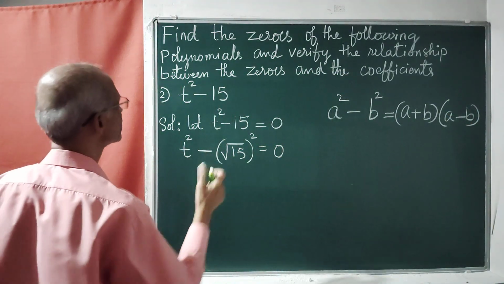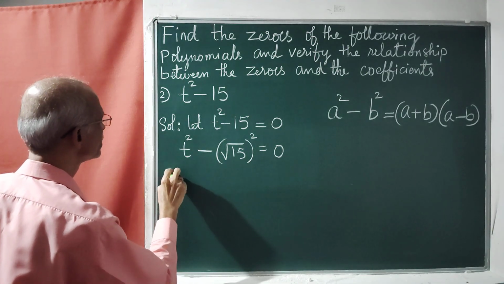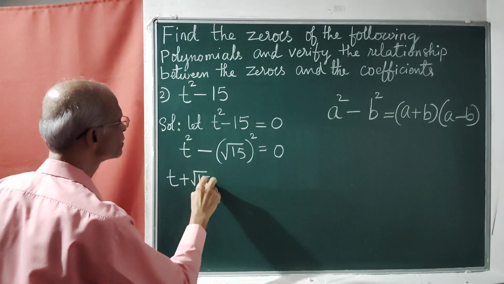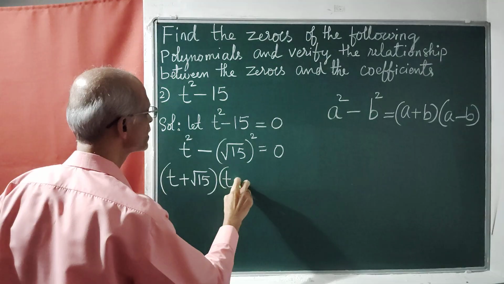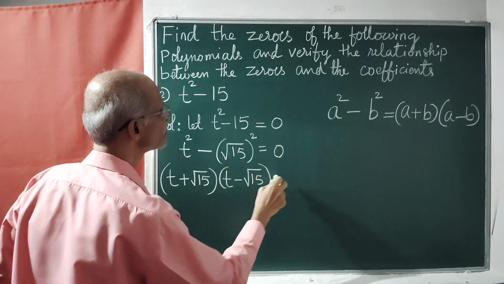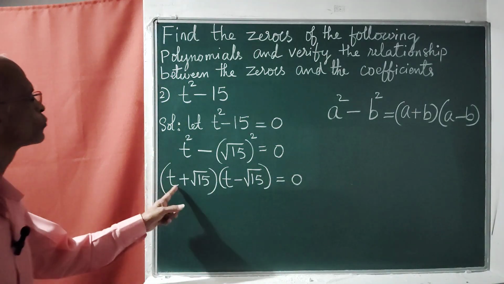This is a and this is b. So, a plus b, t plus root 15, into t minus root 15, is equal to 0. I have got two factors.